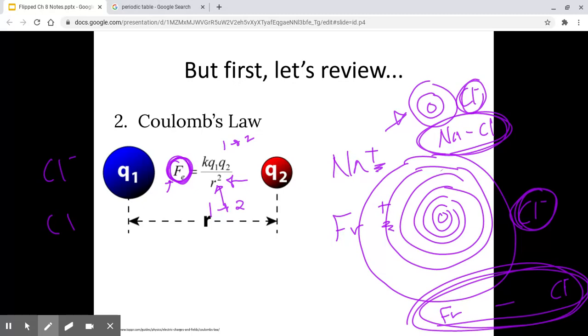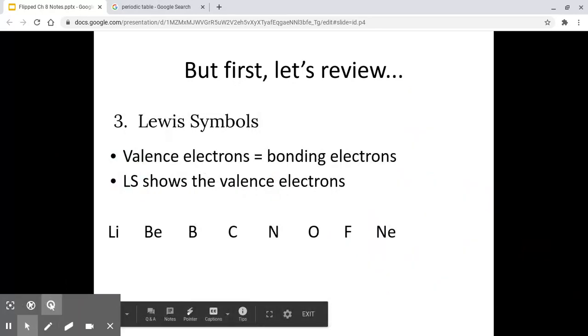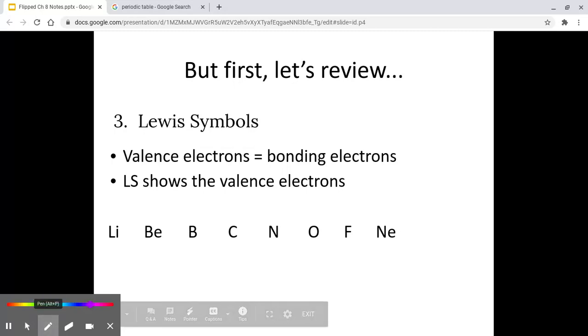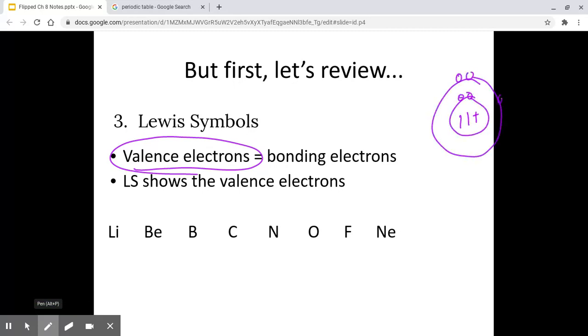Okay, so we reviewed electronegativity. We reviewed Coulomb's law. I want to review Lewis symbols. So remember, Lewis symbols, super simple. They're going to show valence electrons only. So if we were to look at sodium, the sodium ion, it has a lot of electrons.